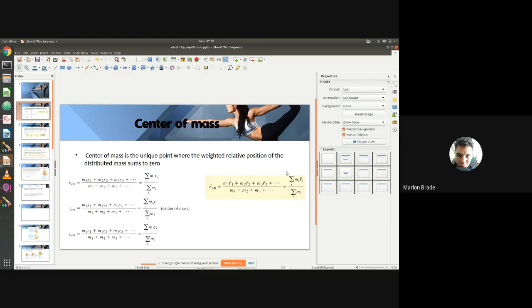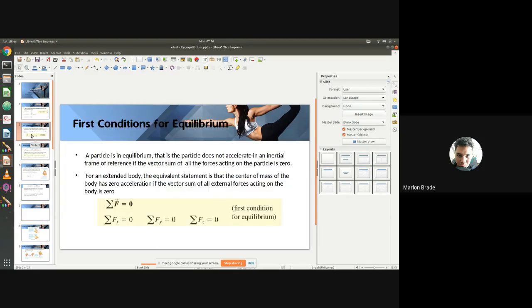Compactly, this can be written as the summation of m_i r_i vector divided by the total mass of the object. Okay, so this is the center of mass, and we already discussed it a long time ago.